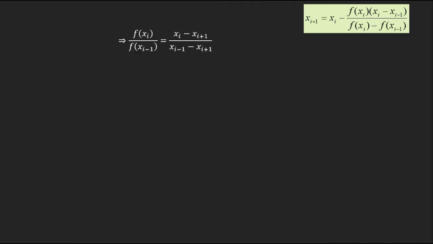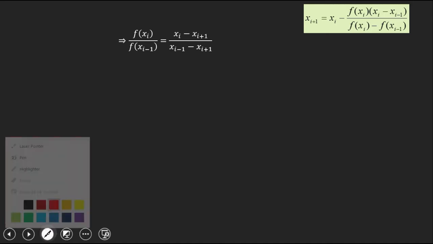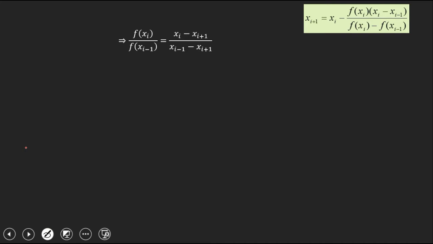So from the diagram we have f of xi divided by f of xi minus 1 is equal to xi minus xi plus 1 divided by xi minus 1 minus xi plus 1. So after cross multiplication, we have f of xi into xi minus 1 minus xi plus 1 is equal to f of xi minus 1 into xi minus xi plus 1, and we are after this term.